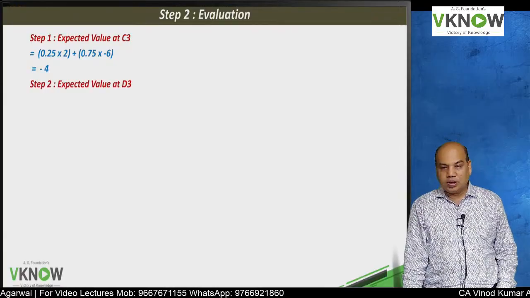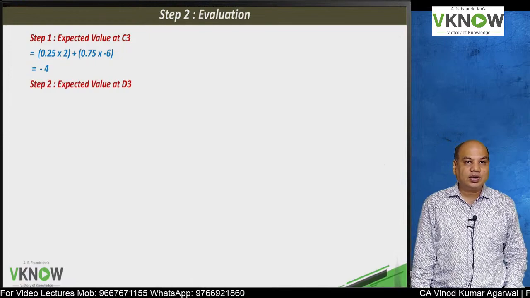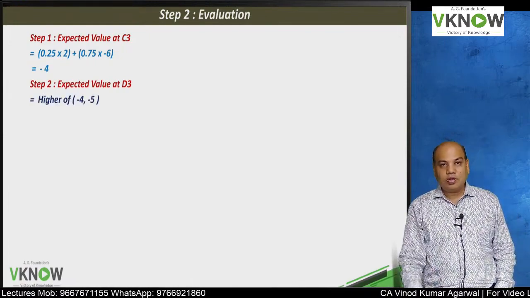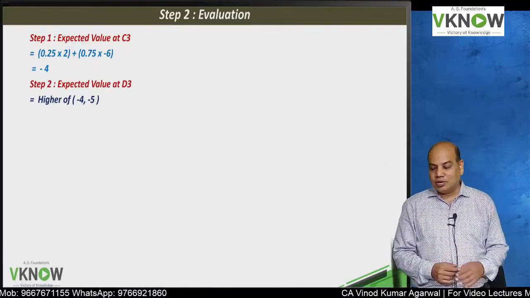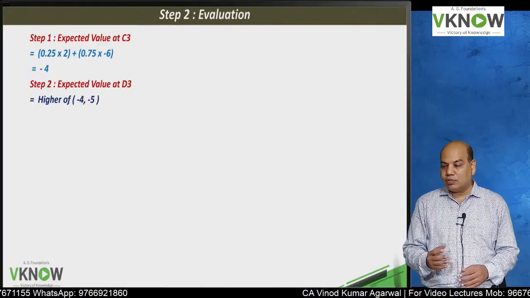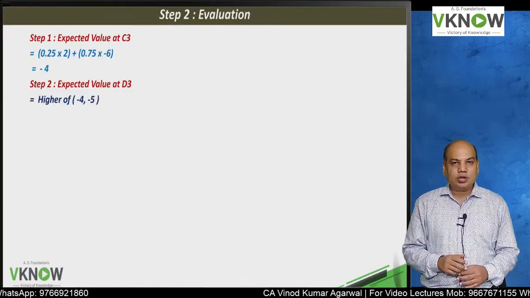Step 2, expected value at D3. D3 is a decision node. I will try to maximize my return. So higher of minus 4 we have got in step 1, and minus 5 is the loss.